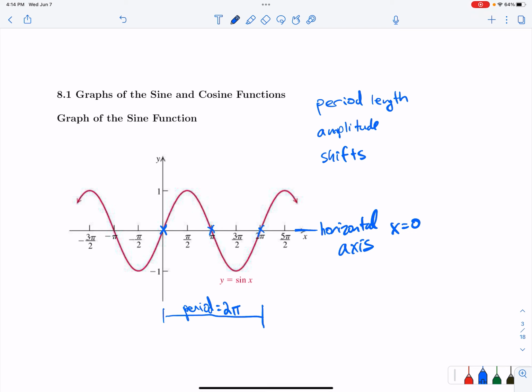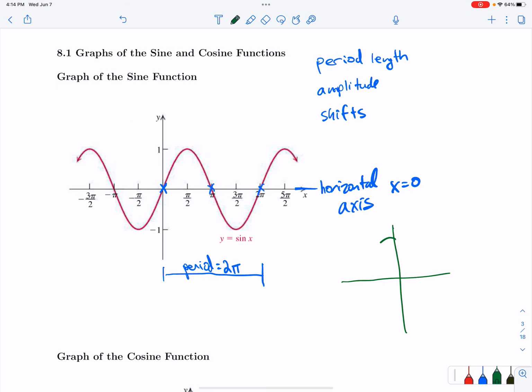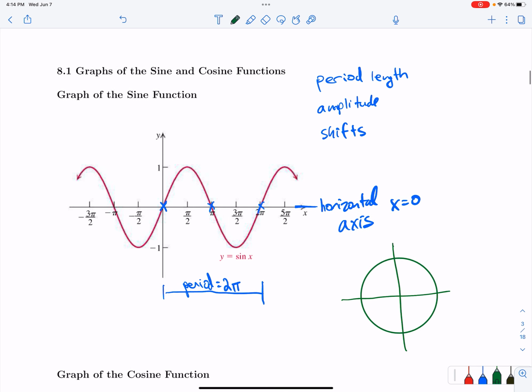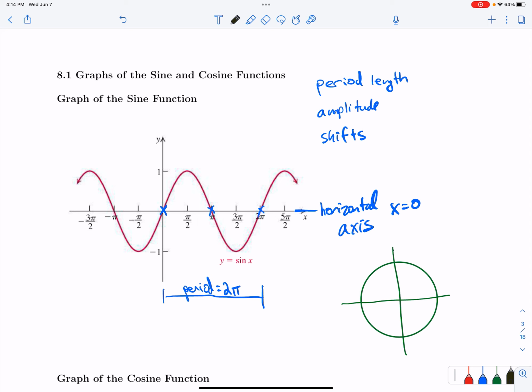And this corresponds to what happens on the unit circle. So if I look at the unit circle, let's try to draw a better circle here. Okay, so if I look at that unit circle, the sine value is 0. Well, remember, on the unit circle, the sine value is the y-coordinate.